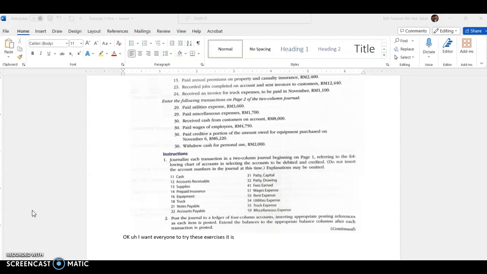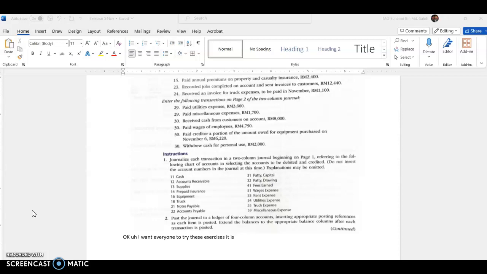Okay, next is paid wages to employees, 4,750. So we have to record the wages expense account. Debit wages expense 4,750 and credit cash 4,750.